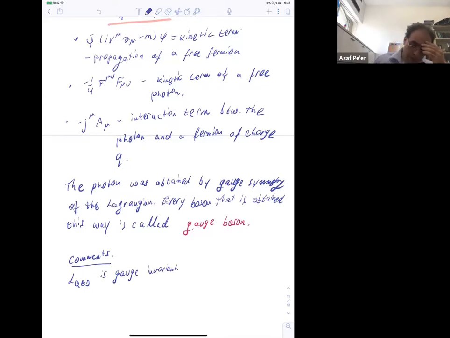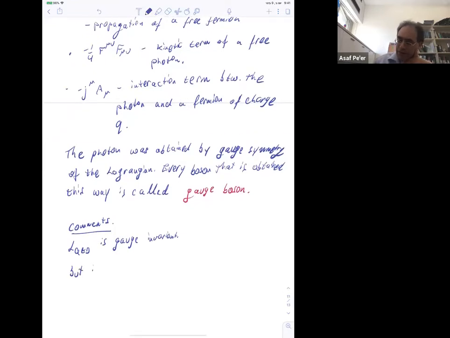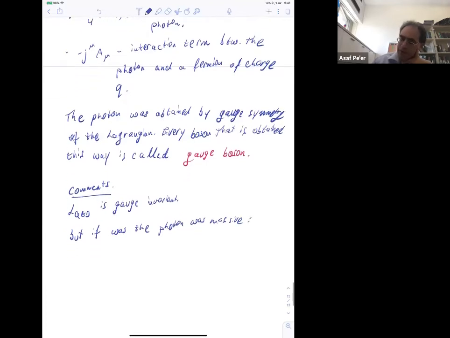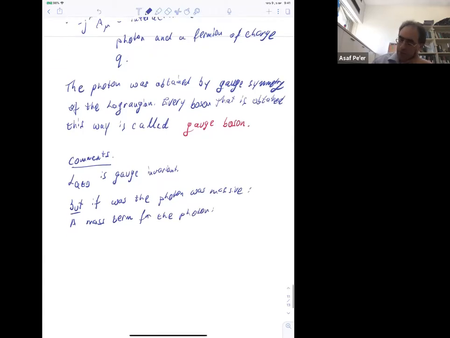But we could have done something else. We could have added a mass term for the photon. If the photon was massive, then we would have a mass term for the photon, one half m_gamma squared A_mu A^mu.